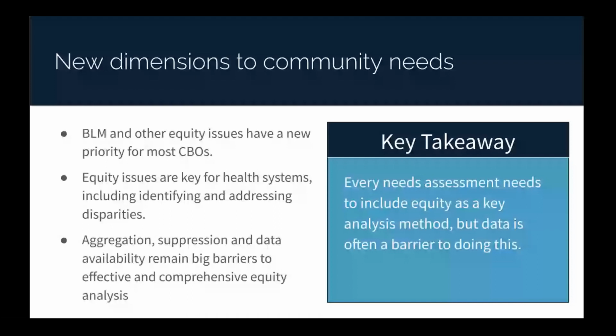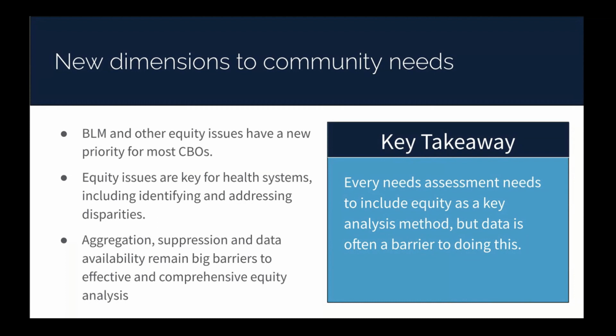So organizations that may not have explicitly looked at equity issues or disparities within a community are interested or really being pushed to take these into account in their needs assessment and the types of analysis and planning that they do. And one of the challenges with this is this type of analysis requires data that doesn't often exist.